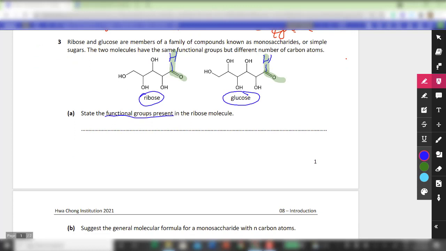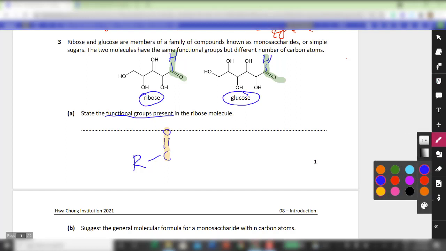Maybe I can do a quick summary. Normally, let's say I have an R group on the left hand side and a C=O double bond, this portion I will call the carbonyl group. Let me write it out: this is called the carbonyl group.